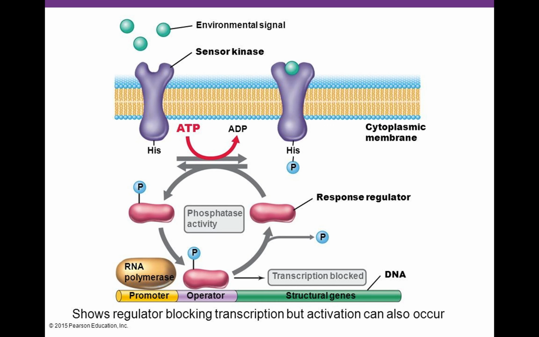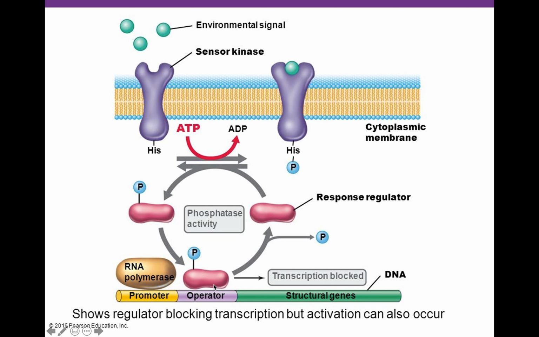Now, this is a similar diagram to what you have seen previously, just with a different outlook. In this diagram it shows a regular blocking of transcription, where the output is that the expression is repressed, but activation can also occur.